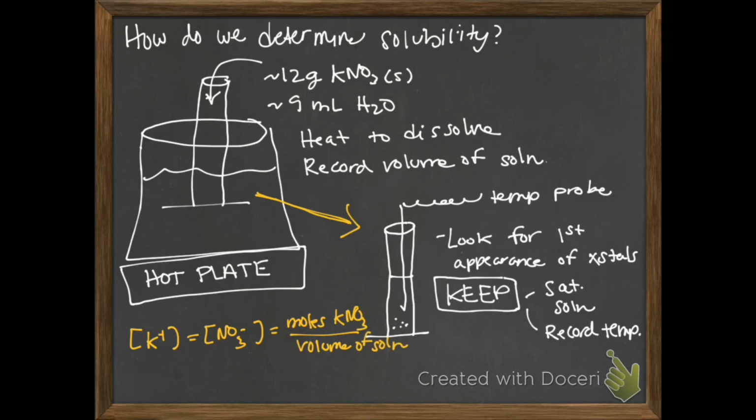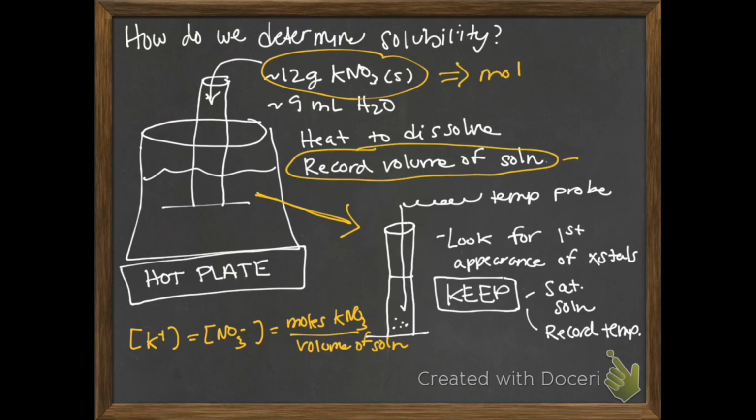The moles of potassium nitrate come from the mass that we record. We can convert that to moles using the molar mass. And then the volume of the solution in liters is in the denominator. So we can get the concentration and then the Ksp. We can calculate these values, which represent the solubility, and then Ksp is the solubility squared.